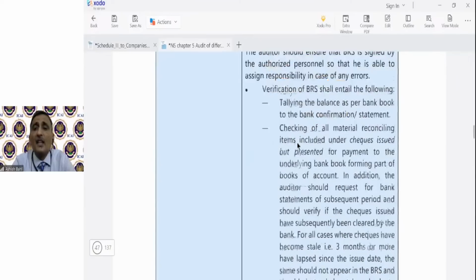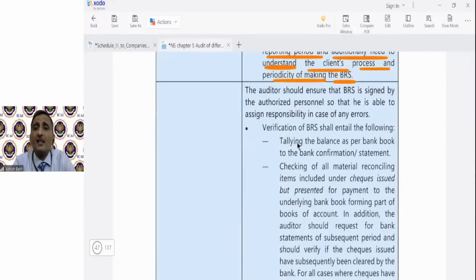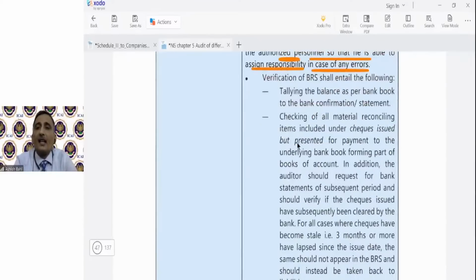So again, general points relating to bank reconciliation statements: all these bank reconciliation statements should be signed by the authorized personnel who is responsible. And checking that all material reconciling items are included, under checks issued but presented for payment to the underlying bank book forming part of books of accounts.